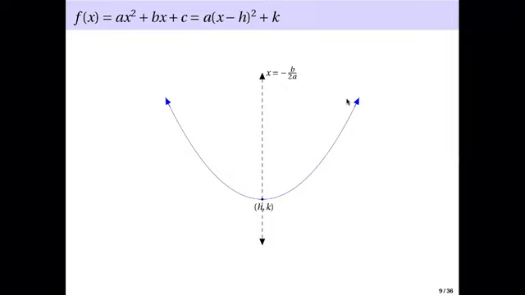So here is the lowest point. It's the vertex, h comma k. And the vertical line passing through that vertex is just x equals h, but your h, again, is negative b over 2a.